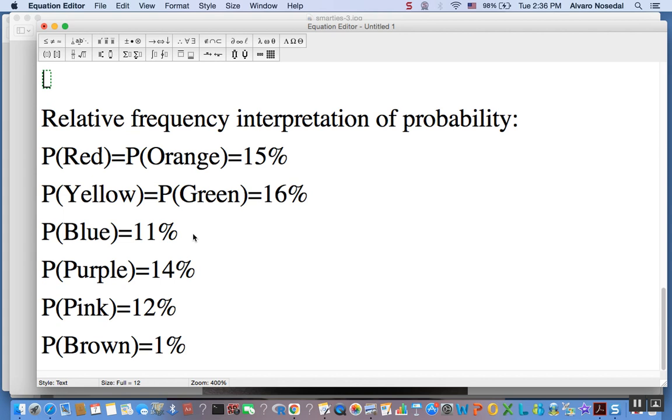Number four, something that we also learned is that there are different ways of assigning probabilities to events. In this course, we will concentrate on constructing and applying a wide variety of different reasonable probability models.